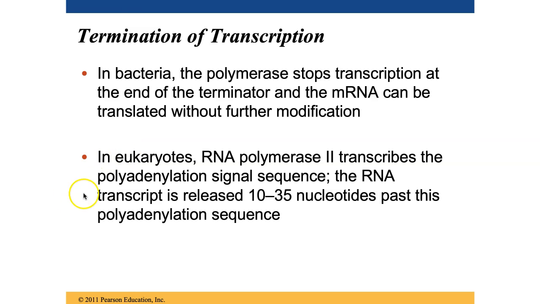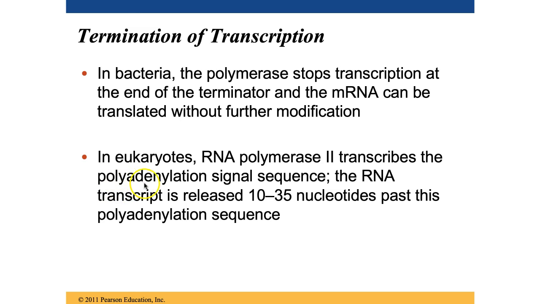In eukaryotes, it's a little bit more complex. So that RNA polymerase II transcribes a part of the DNA that results in a polyadenylation signal sequence. Now this word, polyadenylation, poly means many. If you recall the nitrogenous base, A is adenine.